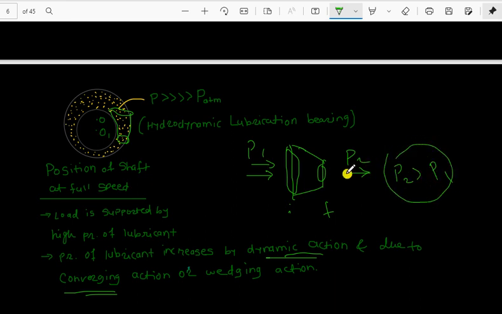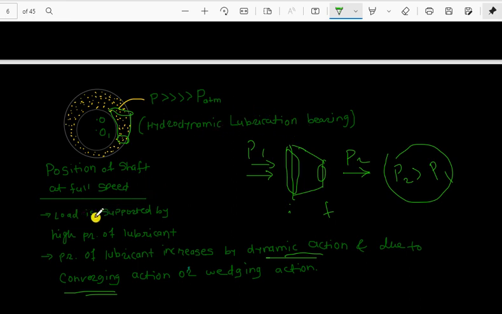This is a nozzle type arrangement. So because of such converging action, there will be an increase in pressure. So it is also called hydrodynamic lubrication bearing.